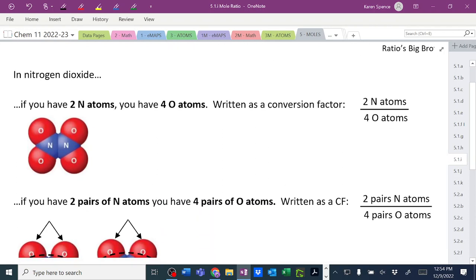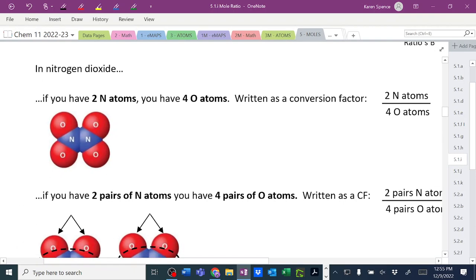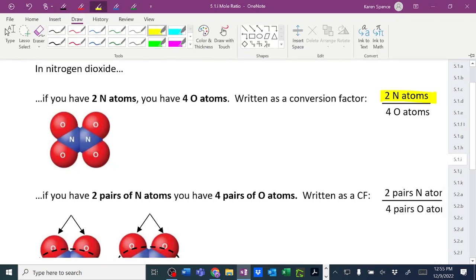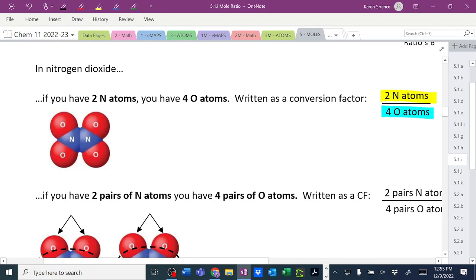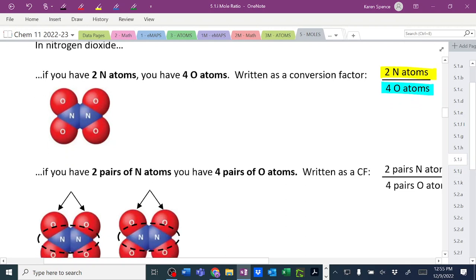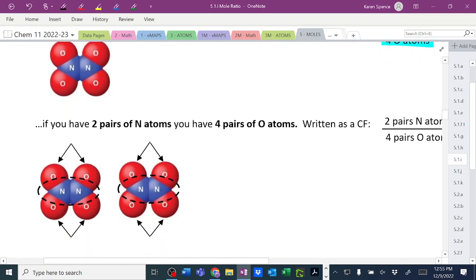So here we're going to do this with another ratio. In nitrogen dioxide, we have a ratio of 2 N atoms for every 4 O atoms. If we have 2 pairs of N atoms, here's 1 pair of N, and here's the other pair of N atoms.